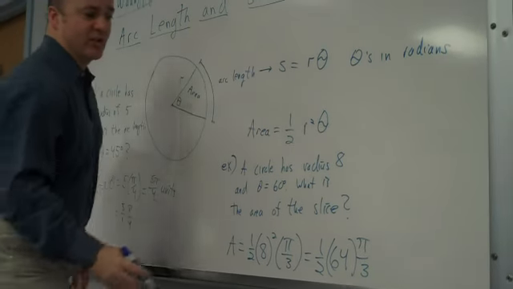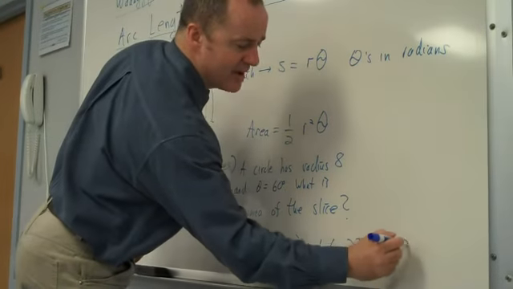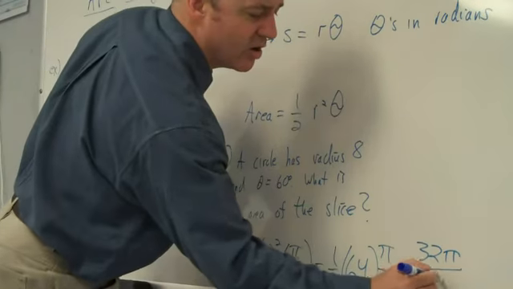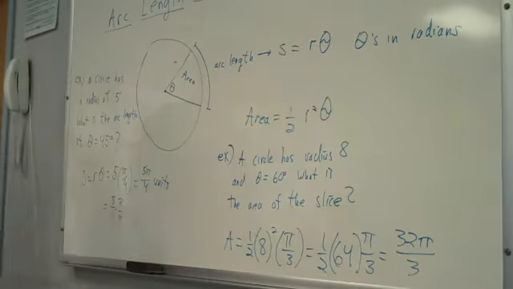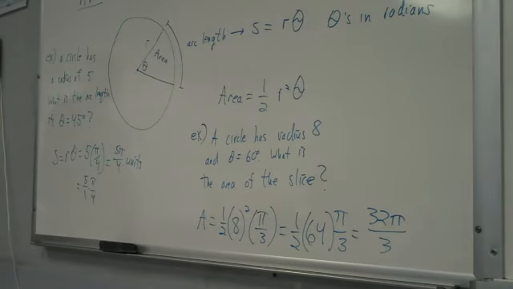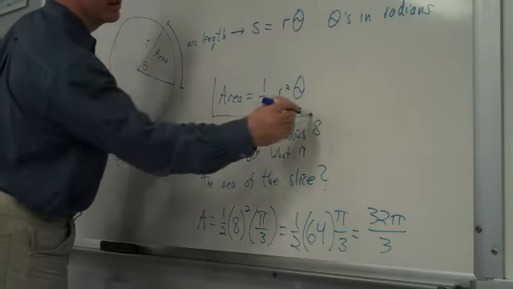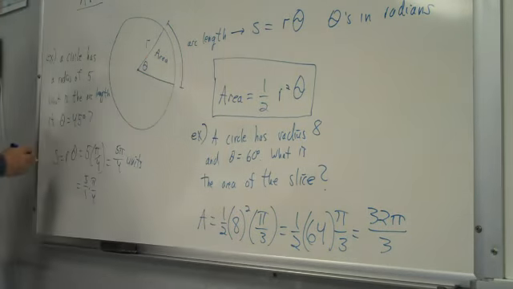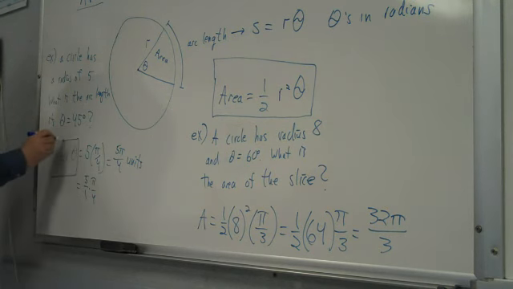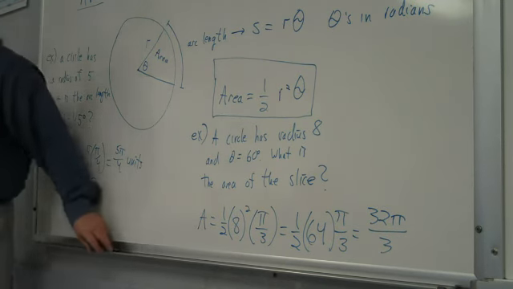Half of 64 is 32. So I could just leave my answer as 32 pi over 3 if I did not have a calculator. If I had a calculator, I would get some sort of decimal answer, somewhere around 33 or 34 probably. So these two formulas simplify life nicely.